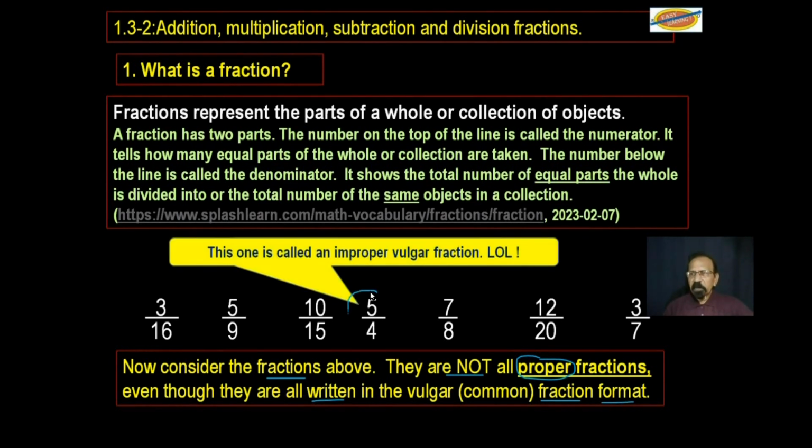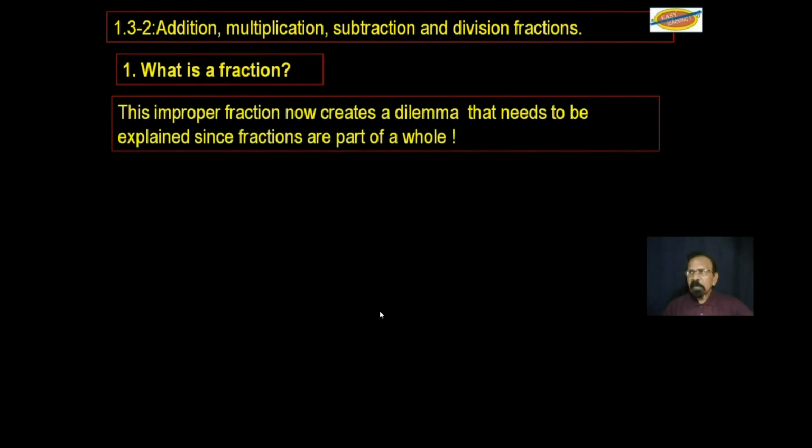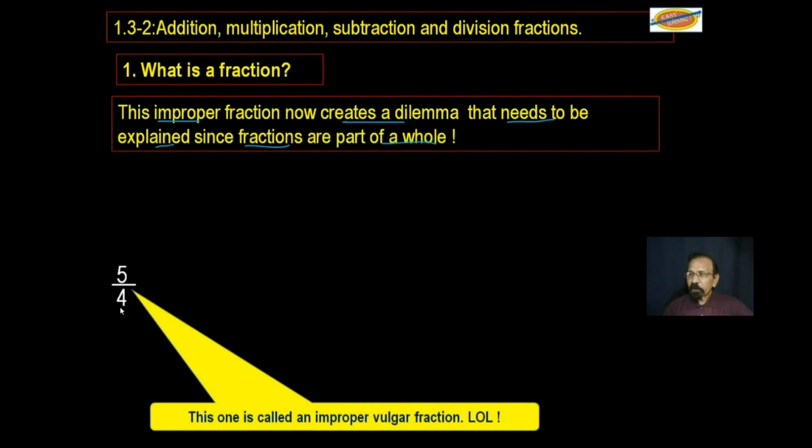And so you notice there is a problem here with that 5/4. This improper fraction now creates a dilemma that needs to be explained, since we said fractions are part of a whole. So we have a problem here at 5/4.